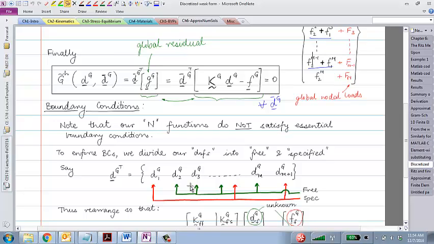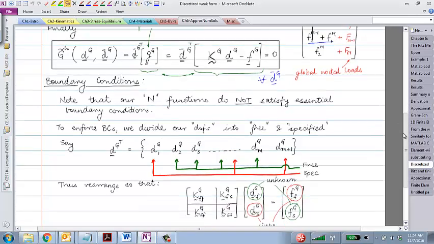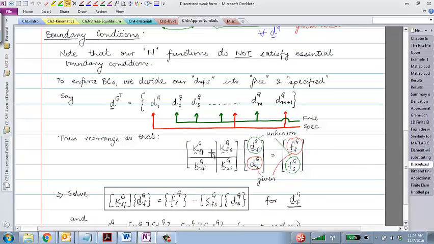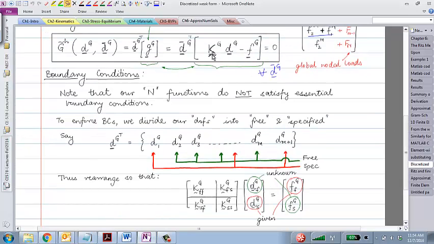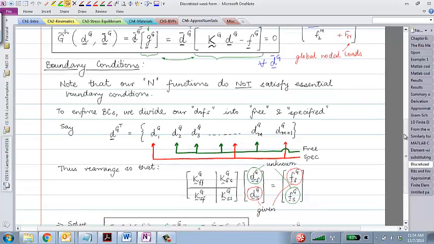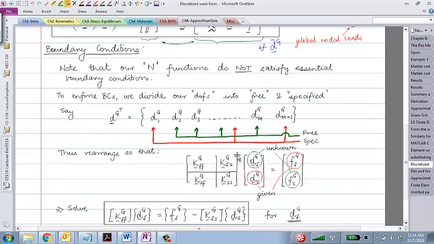Okay, and once we do that, we can take that system of equations, k d minus f, and if I write that out in this form, this is k, this is d, and this is f. If I break that up into free and specified parts, the free degrees of freedom are the unknowns that I'm trying to solve for.